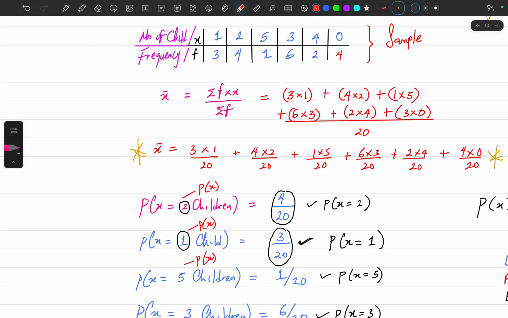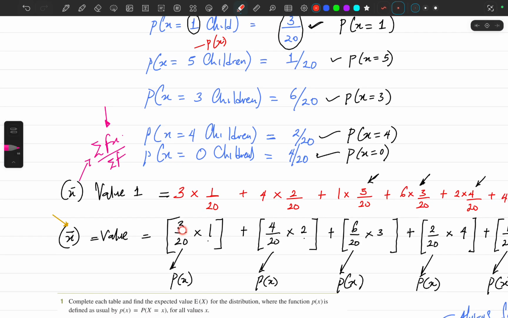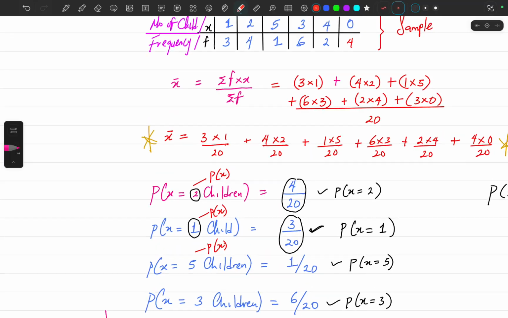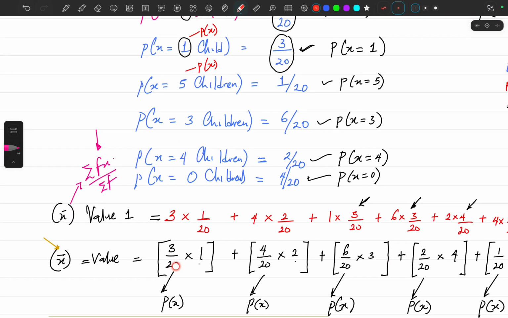You see that the frequency is 3 divided by summation f, which is 20, and I call that the probability distribution. The frequency was 3 divided by 20, we call that probability of x.